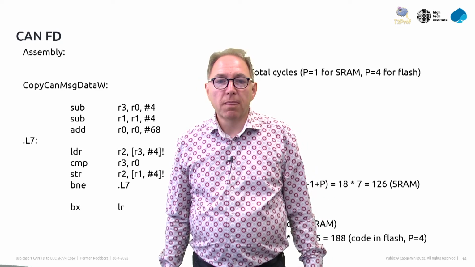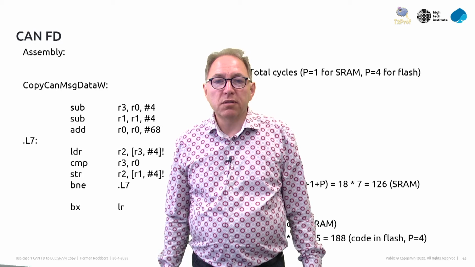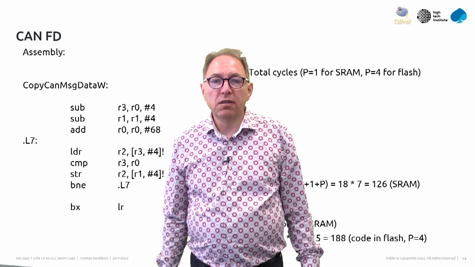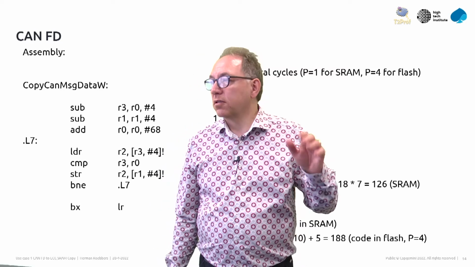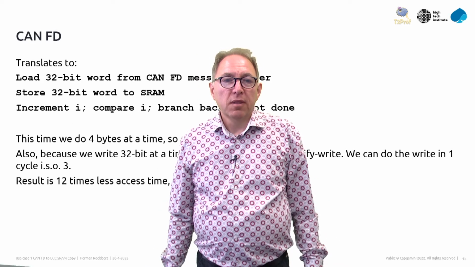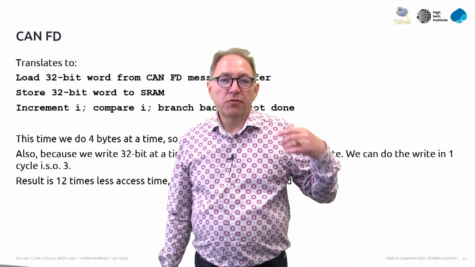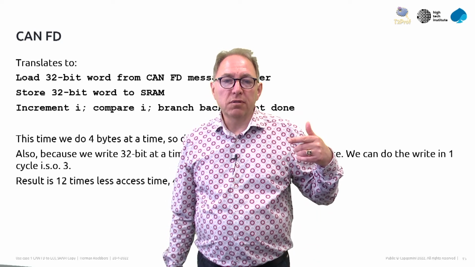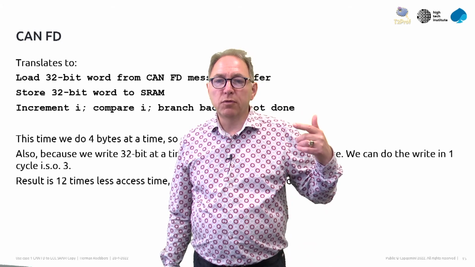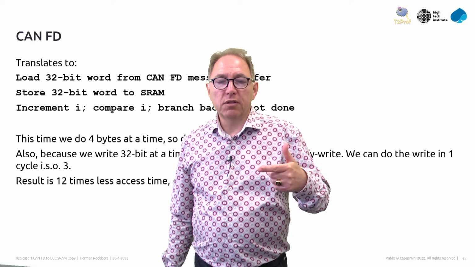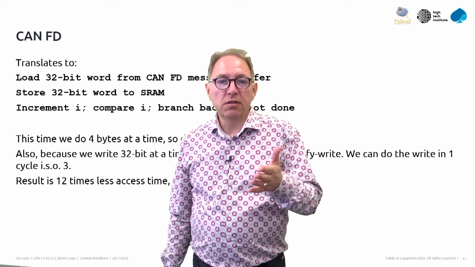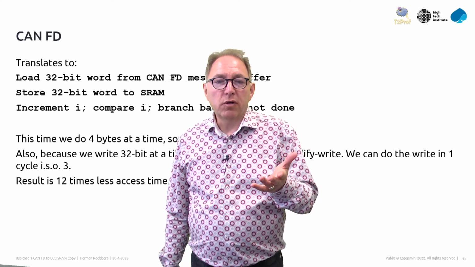That helps significantly: we go down to 126 cycles instead of 500 something. We do 4 bytes at a time, so we go through the loop 4 times less, and we also have a single cycle instead of 3 cycles. So basically we do things 12 times faster.